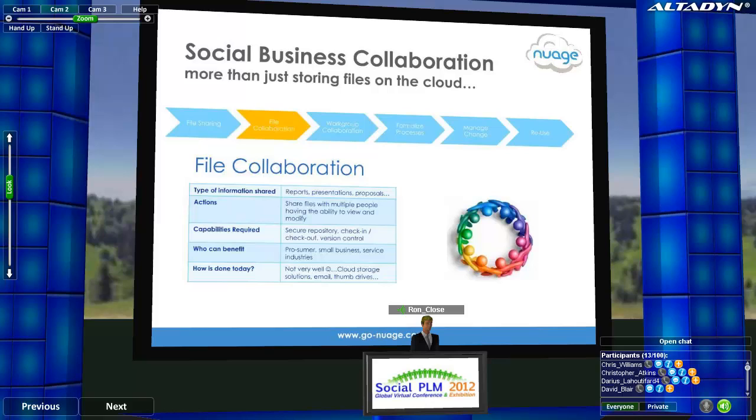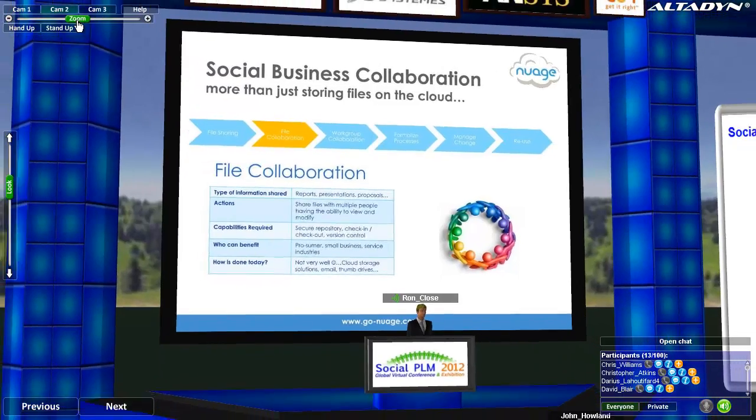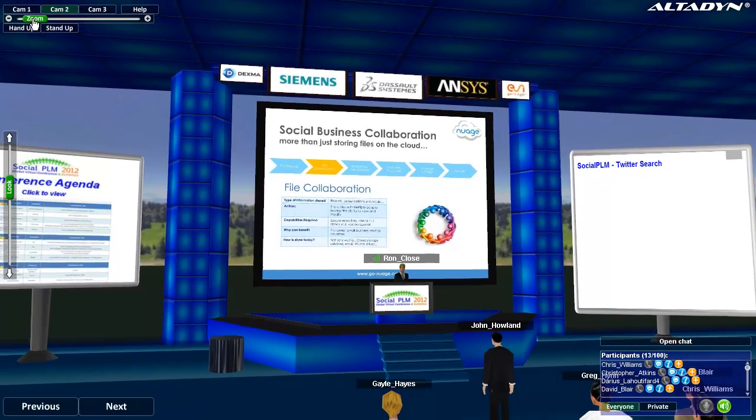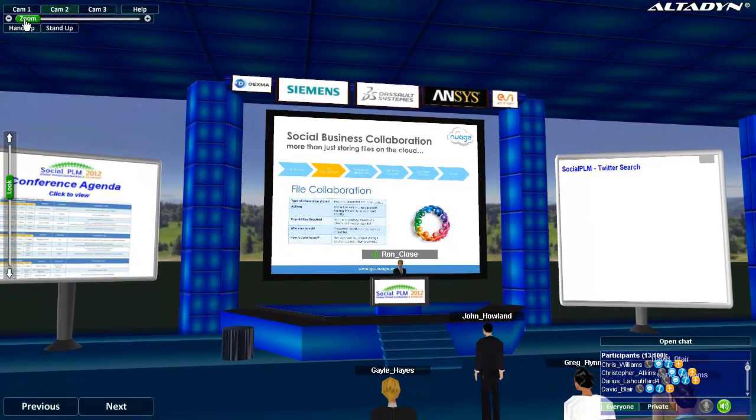If we move on to file collaboration, the distinction is that the type of information you share is something you'd want to share with multiple people, and you'd want people to be able to view and modify. So the capabilities you would need are not only a repository, but a relatively secure repository where you can control who can get to the information.